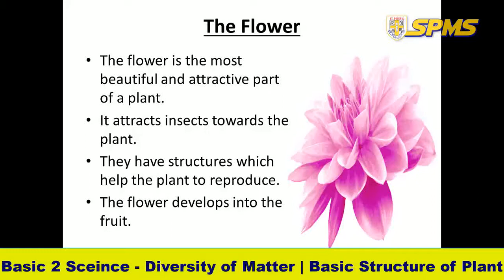So the flower is the most beautiful part of the plant because it attracts insects. What does it also do? It helps the plant to develop its fruits. I've said it before that the fruit develops from the flower. So that is one function of the flower.